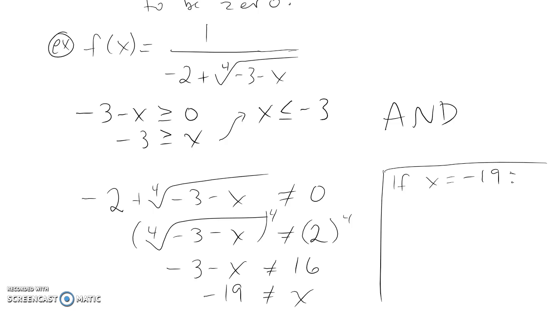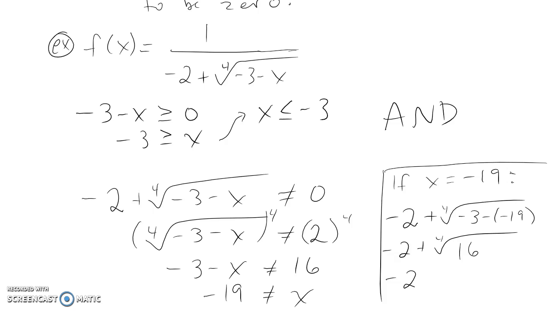The denominator would be negative 2 plus the fourth root of negative 3 minus negative 19. That's negative 3 plus 19, which is 16. We would get negative 2 plus the fourth root of 16, which is 2, and that equals 0. And that is not allowed.